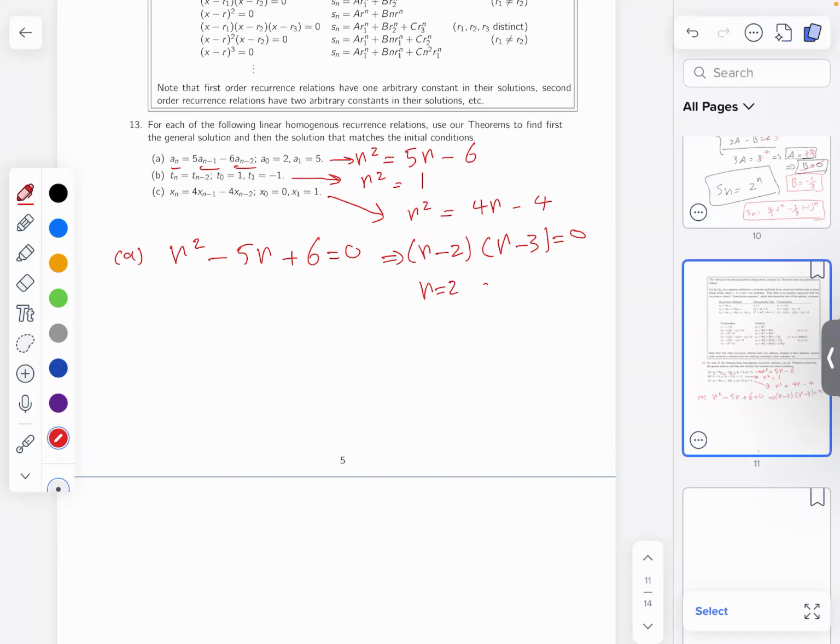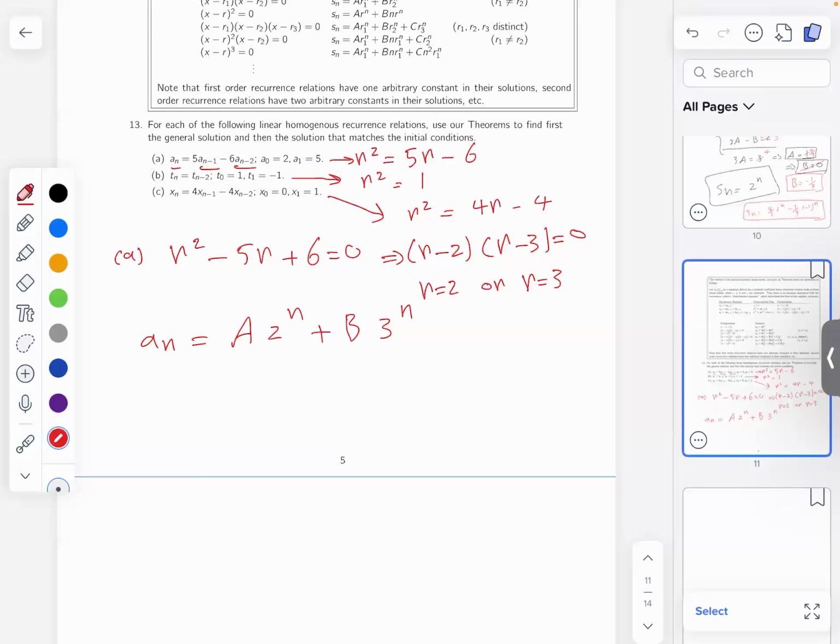Therefore, R equals 2 or R equals 3. So what's the general solution of A? An equals A times 2 power n plus B times 3 power n.